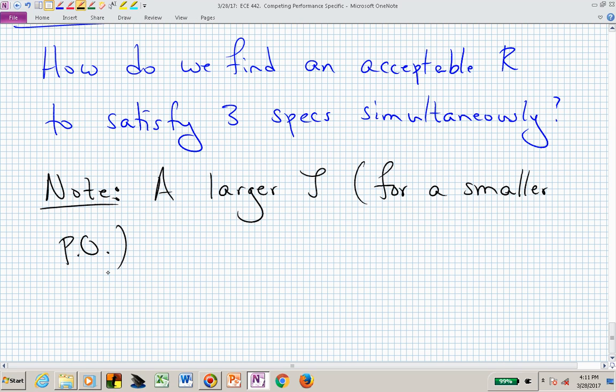Remember, our specification said 20% or less, so we could make zeta larger, but in fact, a larger zeta does not allow all three specifications to be satisfied if we just change zeta alone.